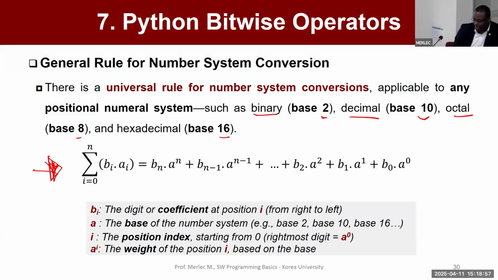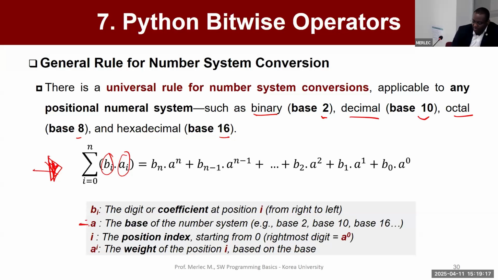You take the digits as coefficients, represented as bi. Then you have the weights, represented as a to the power i.